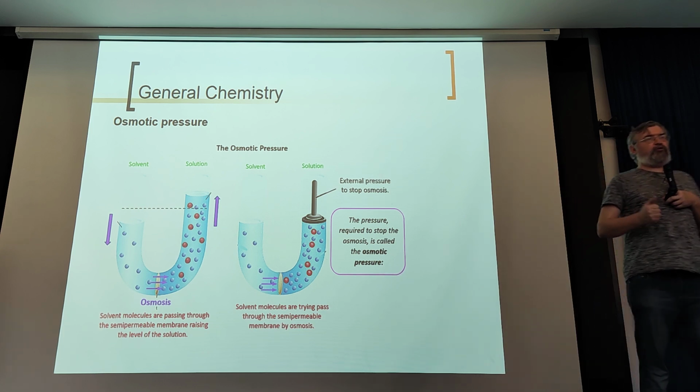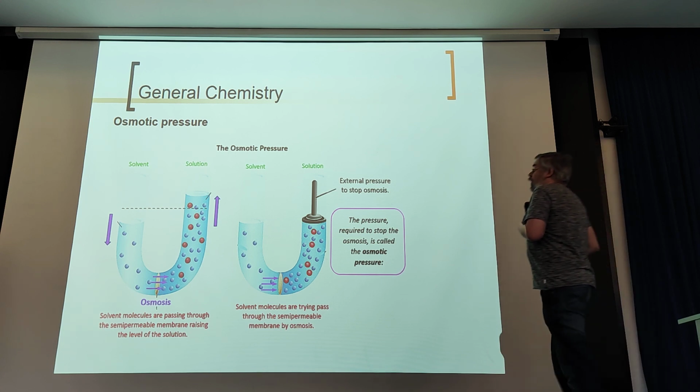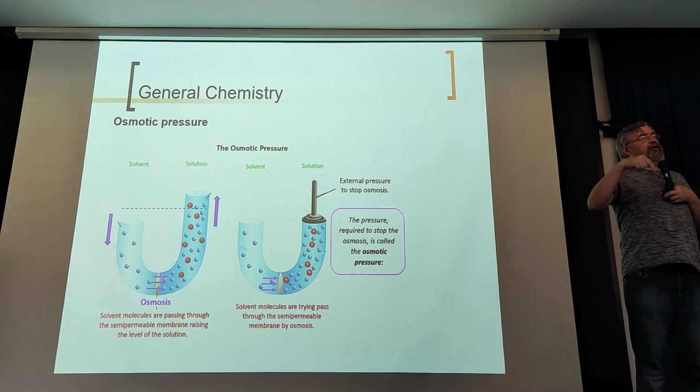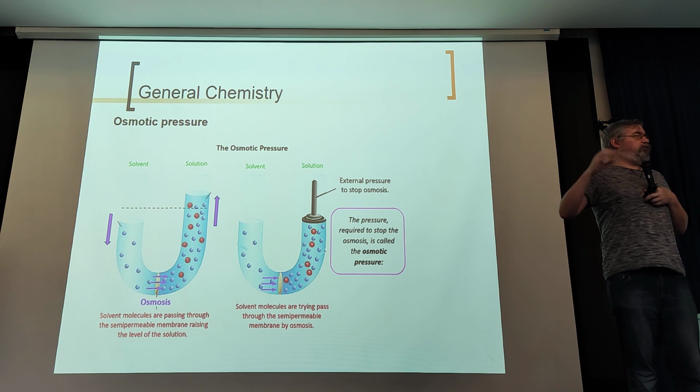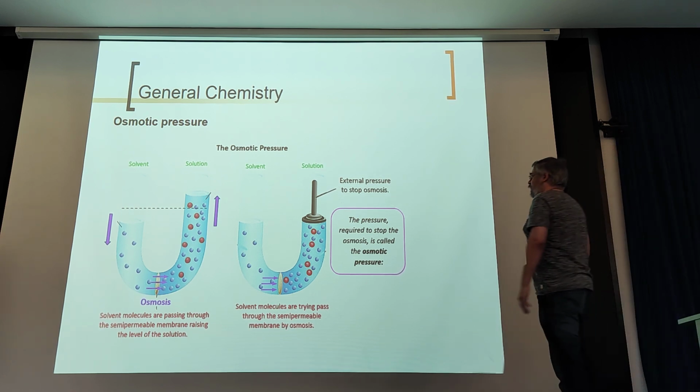That's what you need to restore the original situation. It can be calculated from the density, the volume of the displaced solvent, and so on, to know the force that you need for the osmotic pressure.